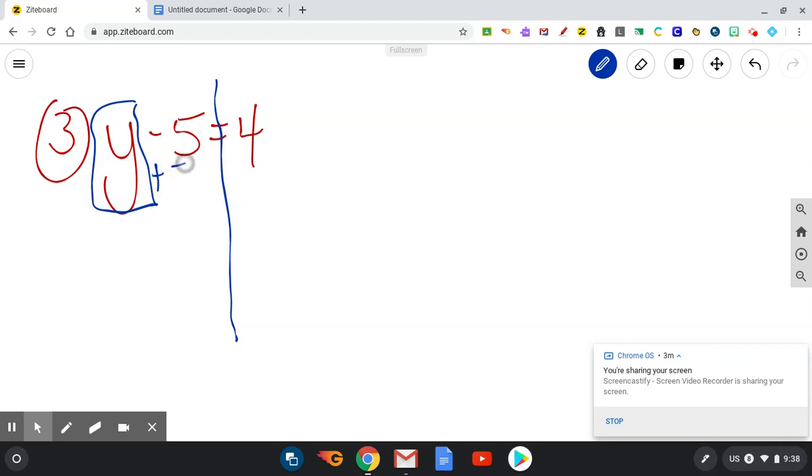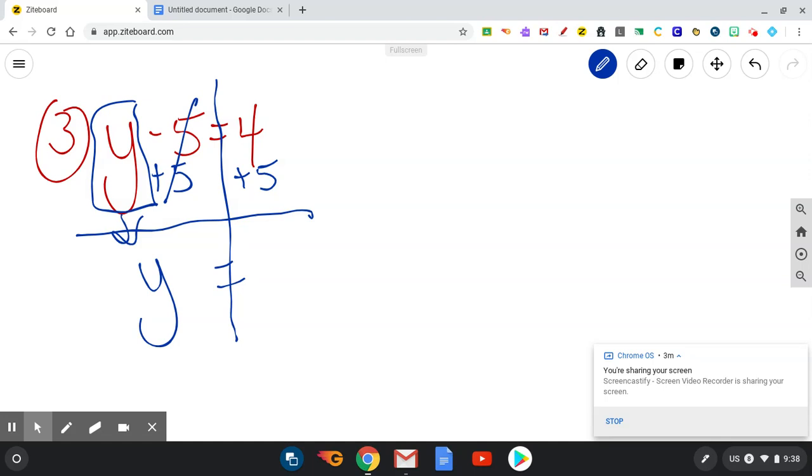It's plus 5. What I do on one side, I have to do on the other. Okay, I bring my y down, bring my equal sign down. These opposites cancel out. Now I'm just left with 4 plus 5, which is 9. So y equals 9. Okay.